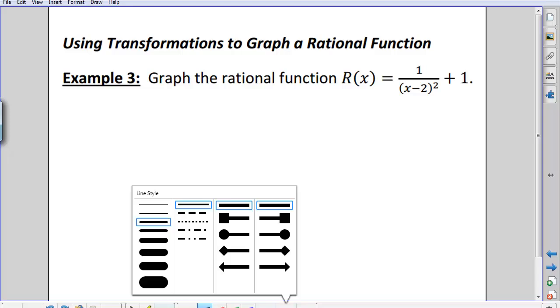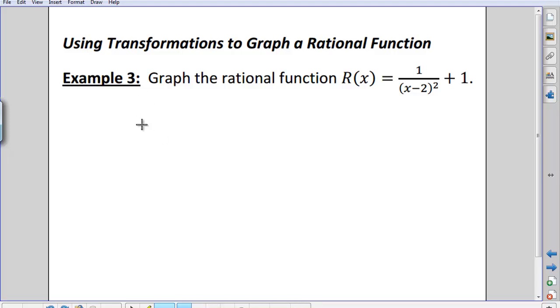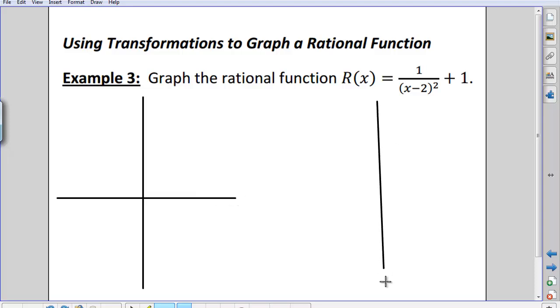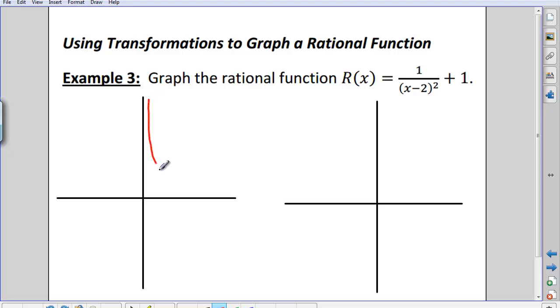And so what we've done is we've taken 1 over x squared, we've subtracted 2 from the x, and then put a plus 1 outside of that fraction. So 1 over x squared typically is this shape right here. That's that graph we just looked at. Okay, this is 1 over x squared.